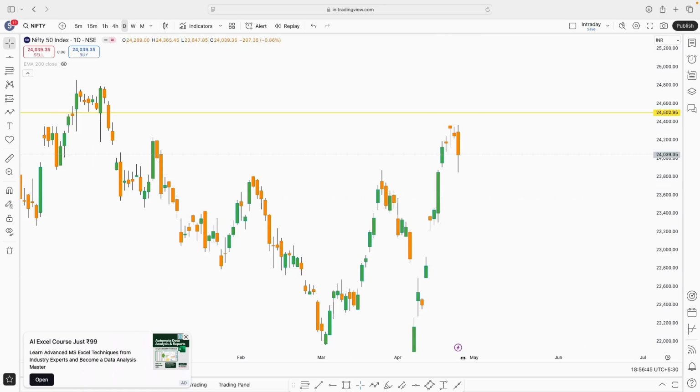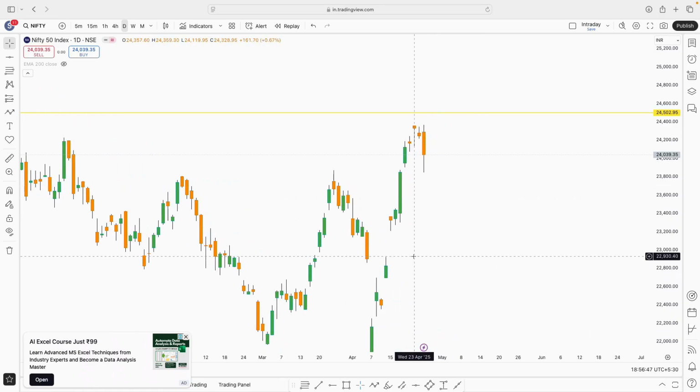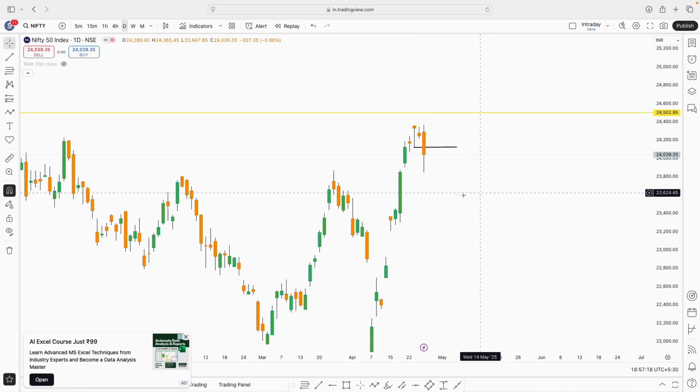As you all know, a hammer candle is considered a bullish symbol, and I would assume that many traders, looking at this hammer candle and having missed this move, would have entered into a long position at the end of the day on 23rd April with the hope that the market would continue its upward trajectory. Now if you look at Friday, the market has given a closure below this hammer candle's bottom.